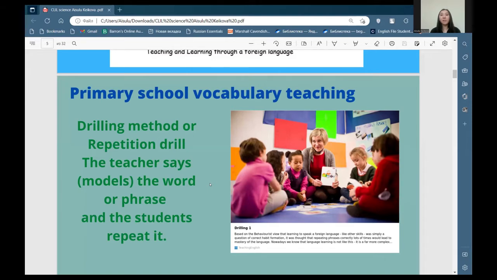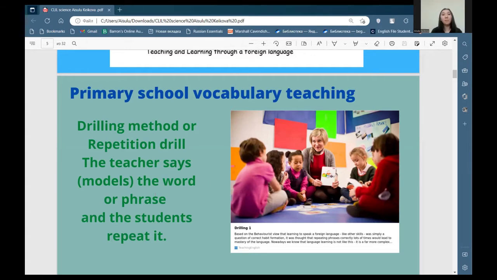One of the solutions I have introduced was a drilling method, or repetition drill, as it is called. It's very useful for primary school students. What I do exactly is I start with giving the instructions. I ask children to listen to me first and then repeat the phrase or the word the same way as I said it. This is one of the methods of teaching language, but it can be integrated into science as well.